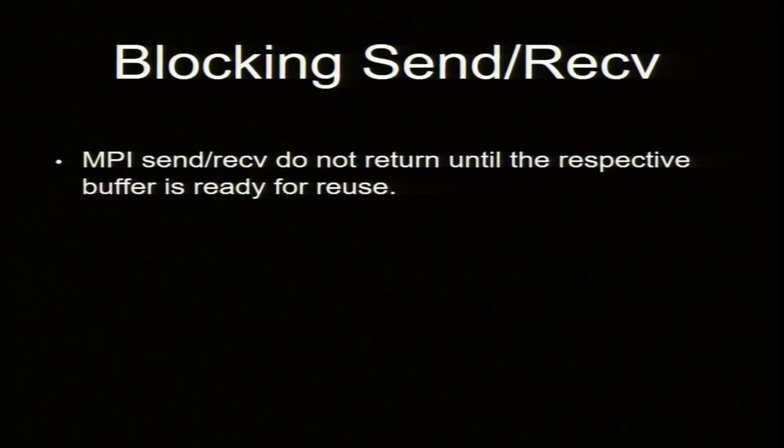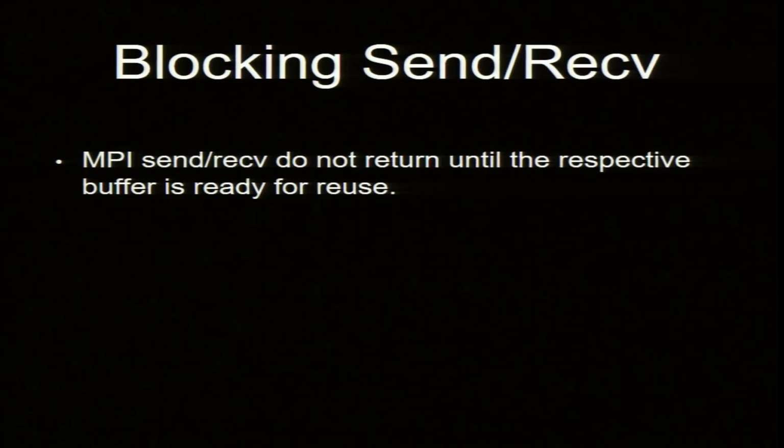So, let us look at the syntax. Something called blocking send receive. There is something called blocking and non-blocking. Let me explain what blocking is. MPI send receive do not return, that means once I start the function, it will keep running until the respective buffer is ready for reuse.